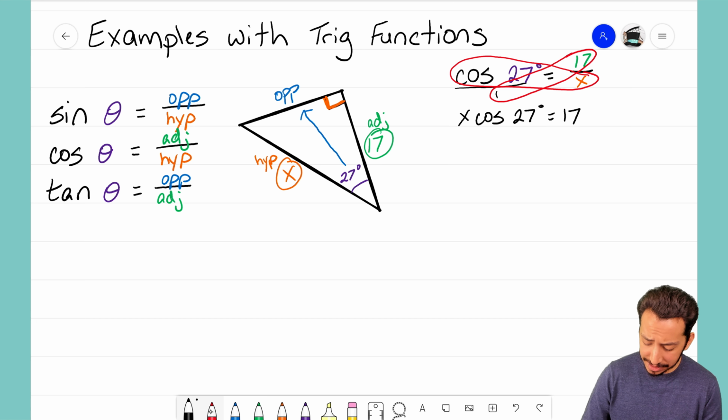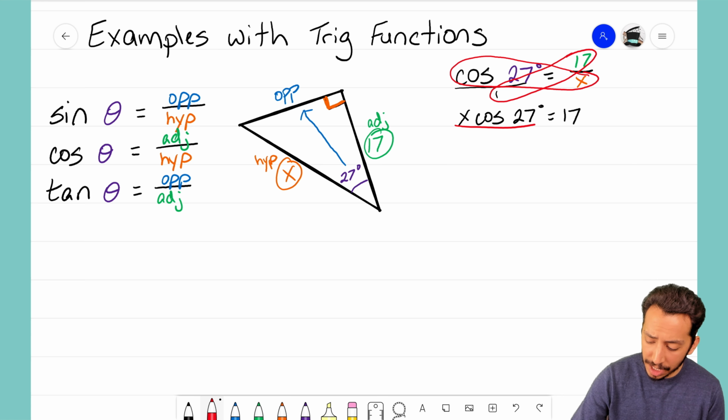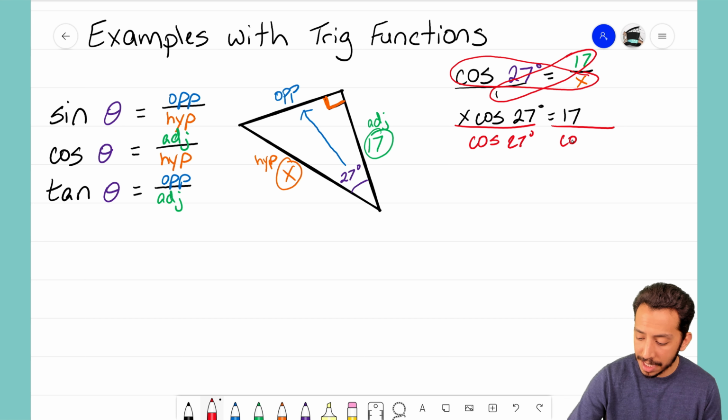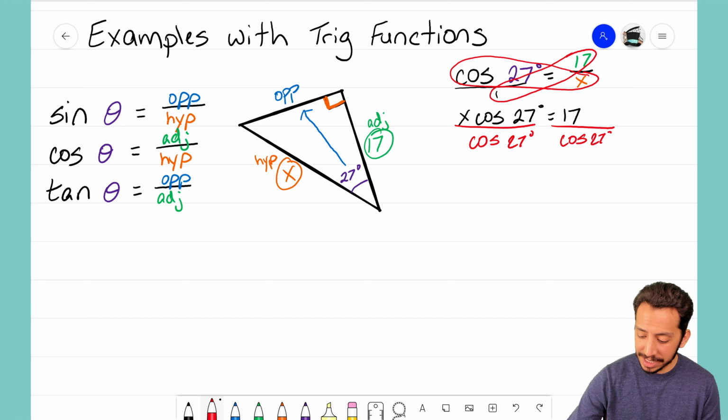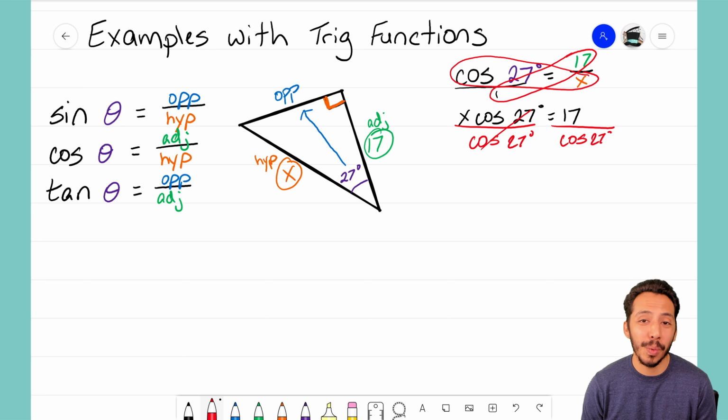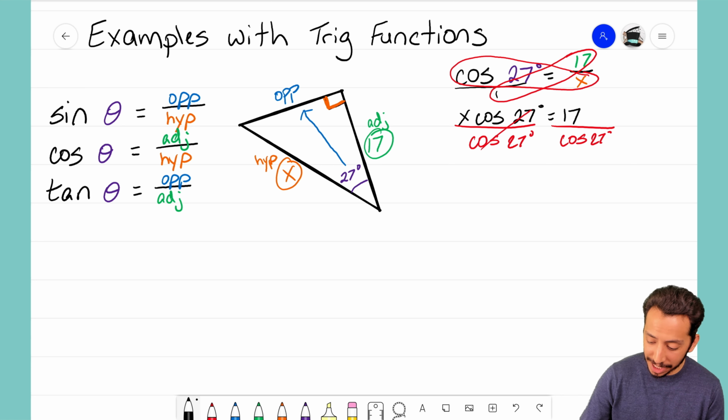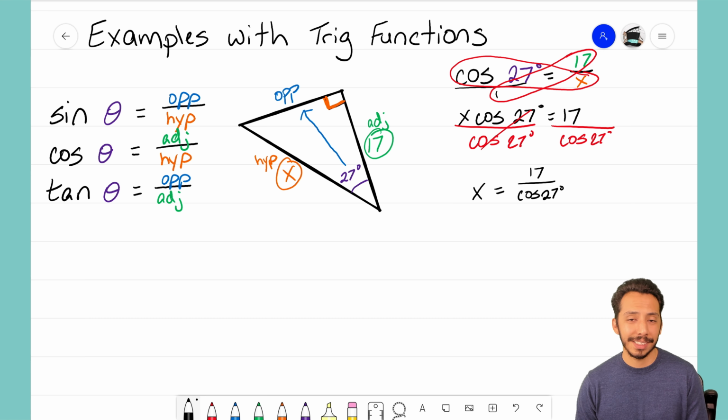We want x by itself. So to get x by itself, I'm going to divide both sides by cosine of 27 degrees. By doing that, the cosines on the left cancel to a 1, and I'm left with just x equals 17 divided by cosine of 27 degrees.